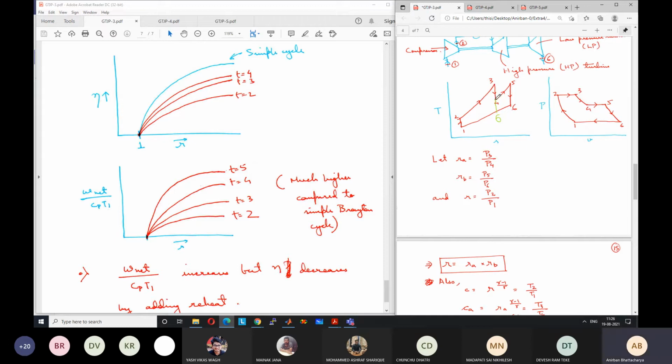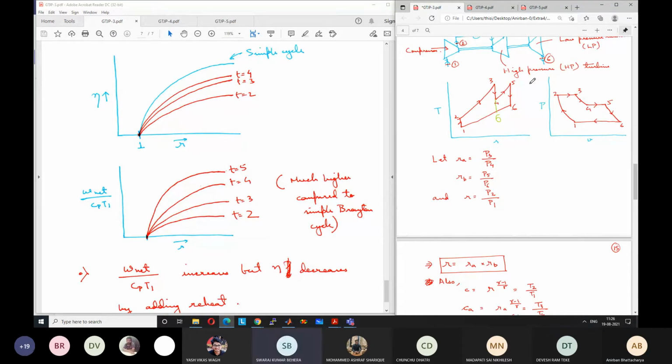So why will the work output in this case for the simple Brayton cycle be less as compared to the work output for the reheat cycle, although the pressure ratio is same? Or in other words, why Cp(T3 minus T6) is less than Cp(T3 minus T4) plus Cp(T5 minus T6)?